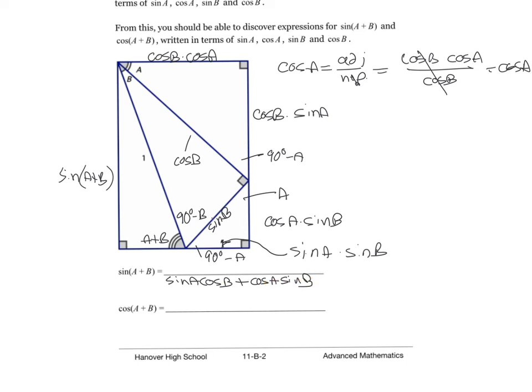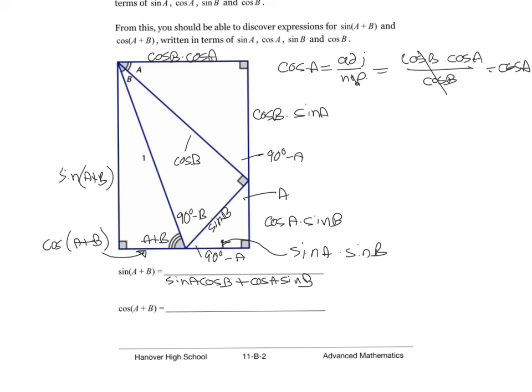Okay. Now, the cosine one, that's this side over here. That's adjacent to A plus B, so that's cosine of A plus B. And that's equal to this whole side length minus this one here.